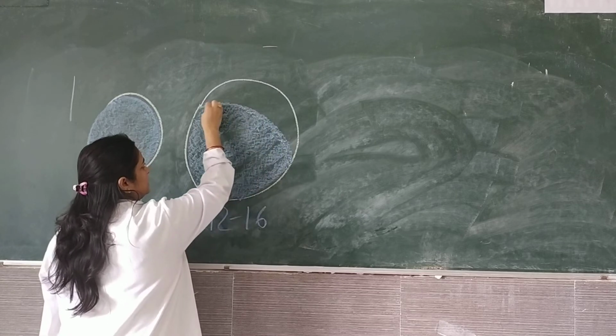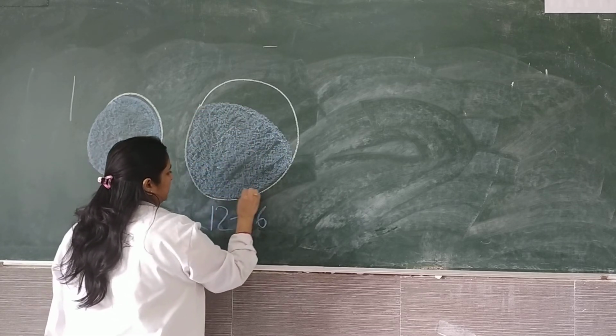So this is the nucleus which is 80% occupying the cell.